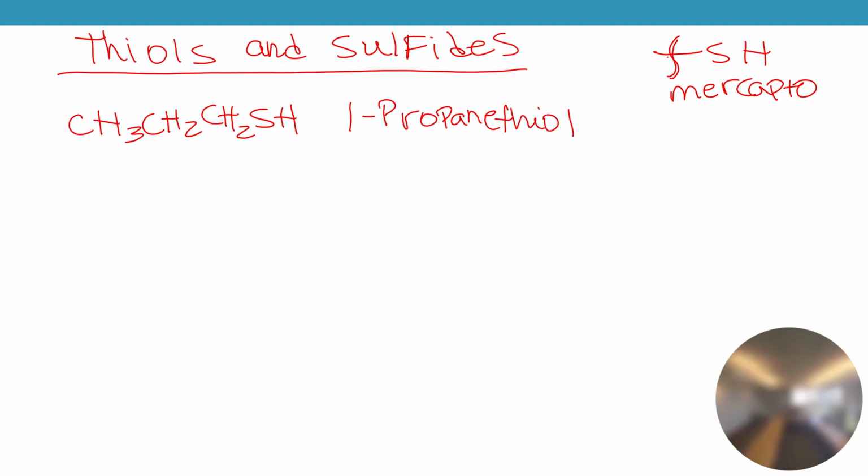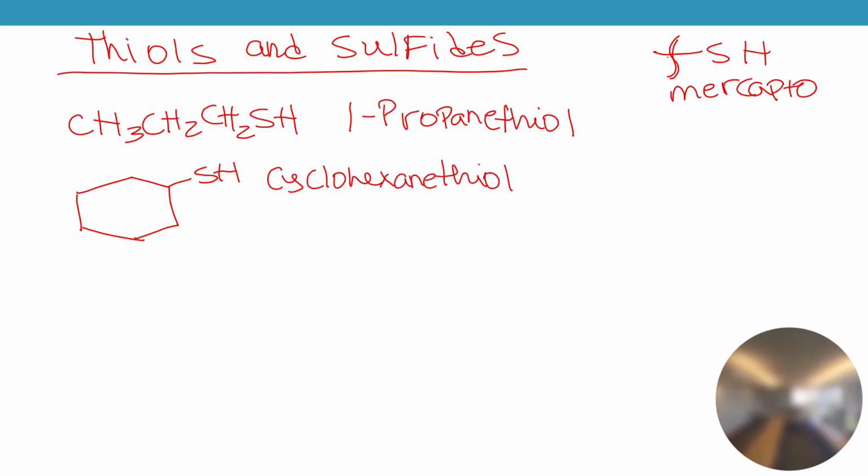So it's like we snuck in the thi. So again, if it was an oxygen, this would be cyclohexanol. So this would be cyclohexane thiol. Not quite just sneaking in the thiol, but to keep it from sounding odd, we do say cyclohexane thiol rather than cyclohexanol.